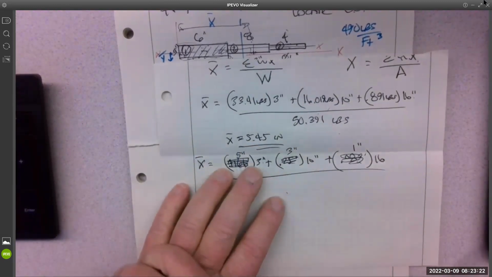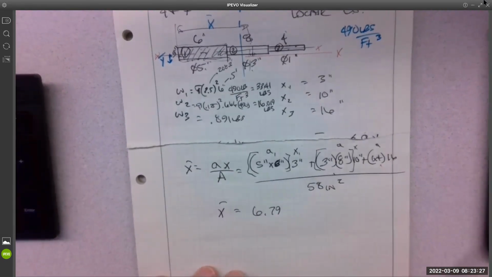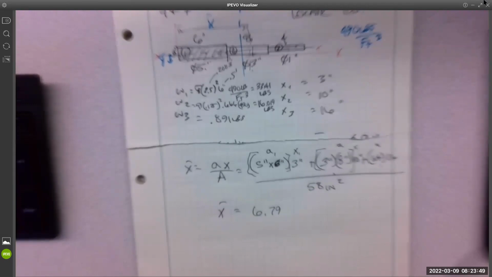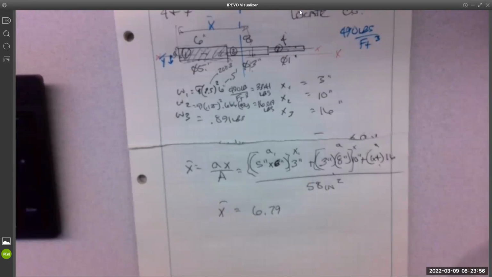No. When you punch in the, so you're punching in volume instead of area. IR squared, but I didn't multiply by the 490. No, right, but you multiplied by the 6 and the length. So you used volume. Yeah. And you got the same number. And I got 5.46. I like it.